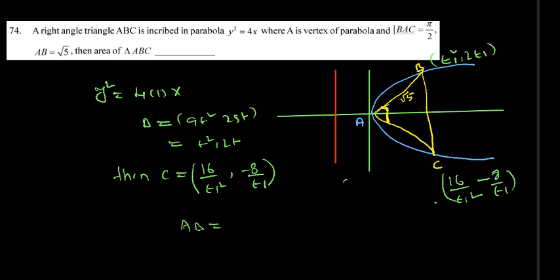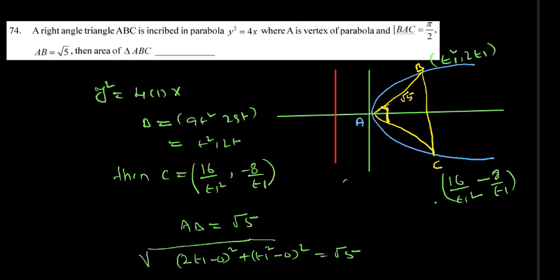Already given AB equals root 5. If the distance between A and B is root 5, I will find the distance now. A is (0, 0), so the square root of (t1 square minus 0) whole square plus (2t1 minus 0) whole square equals root 5. I will write it on the next page.